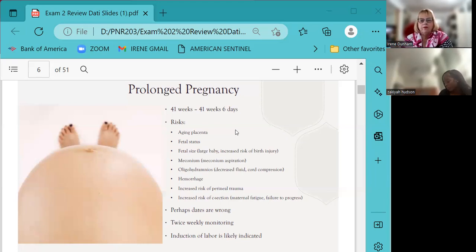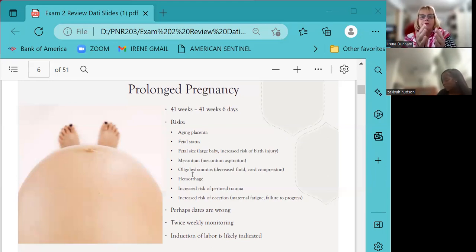Meconium, it gives a higher risk of this baby now having his first bowel movement in the uterus. And that's called meconium aspiration. Also, the water, we have now decreased fluid. So we have a condition called oligohydramnios, decreased amniotic fluid.